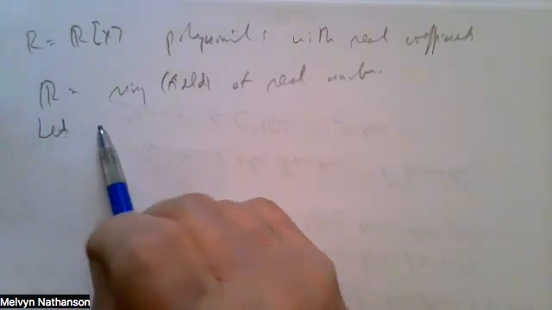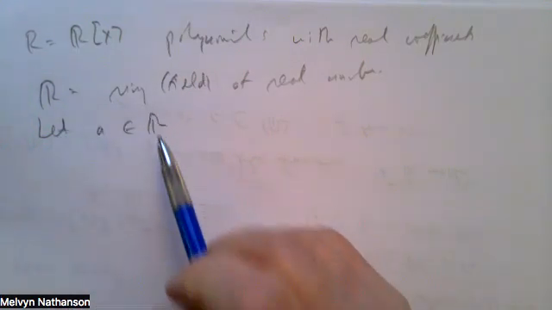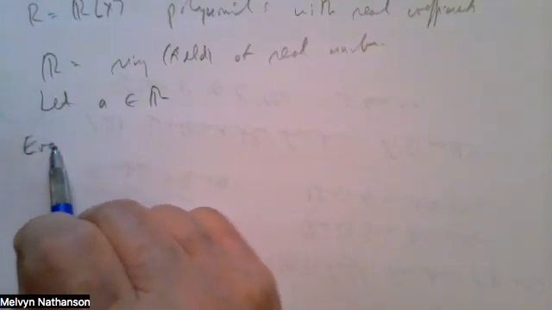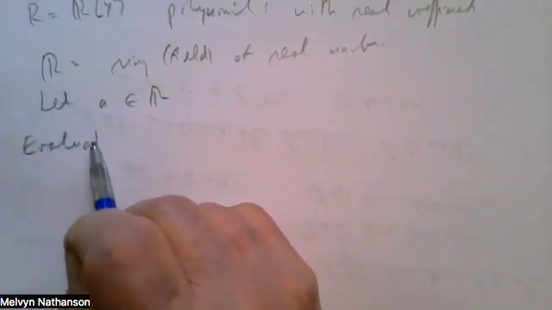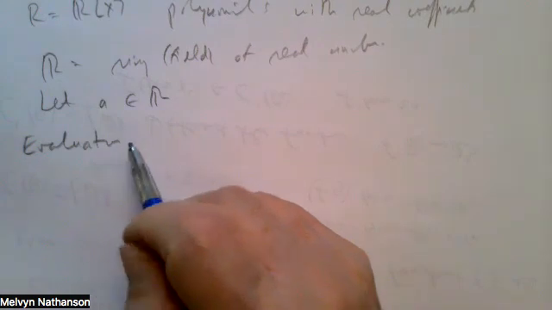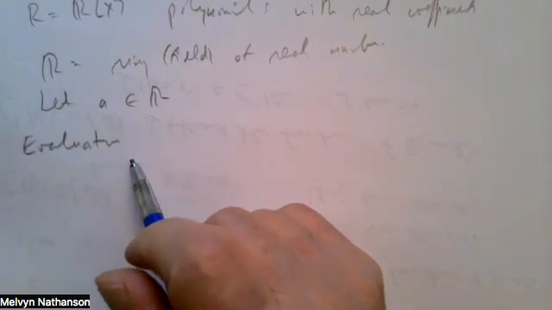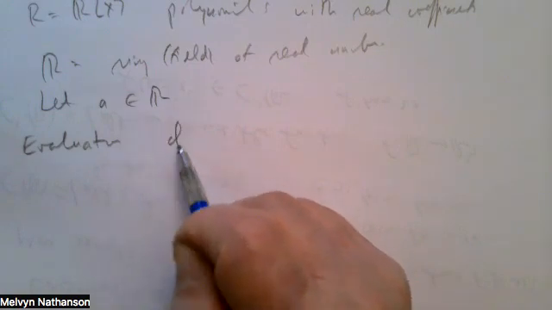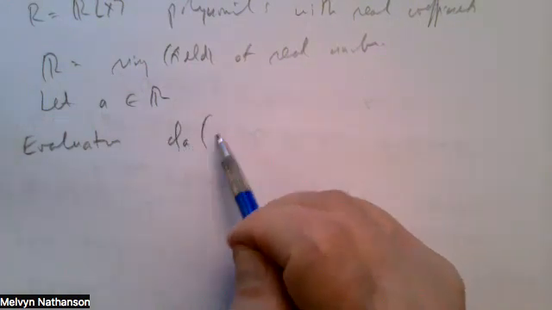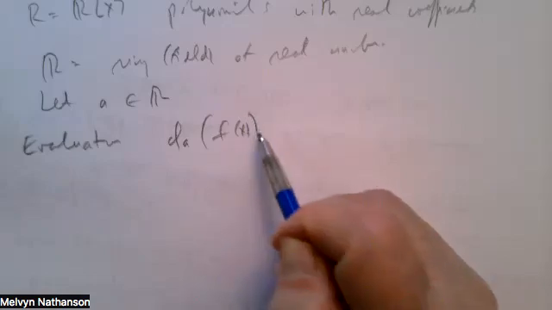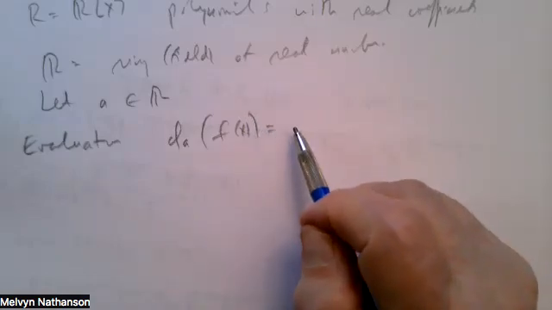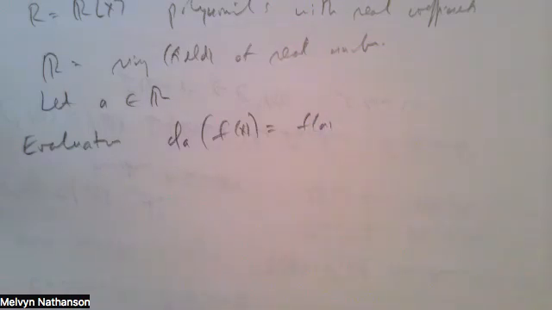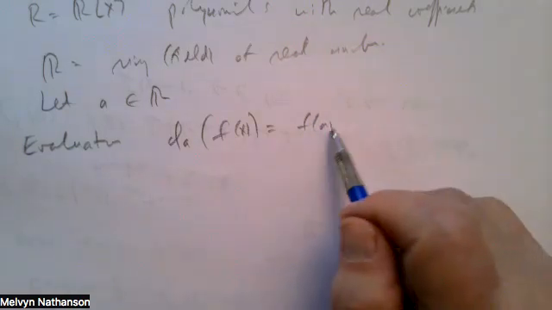Suppose I fix a real number a. We actually have the following evaluation map. Now I'm going to prove it's a homomorphism, called phi sub a. Phi sub a of a polynomial f of x is just the polynomial evaluated at a.